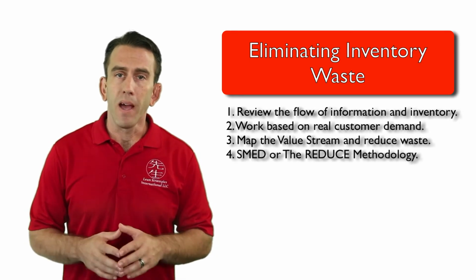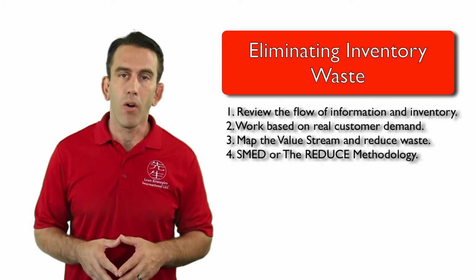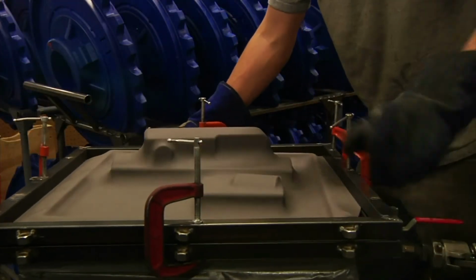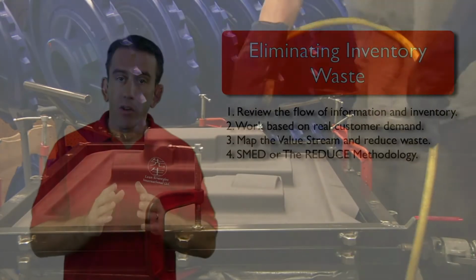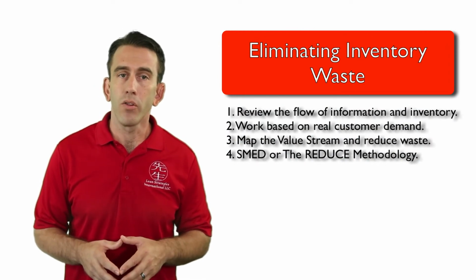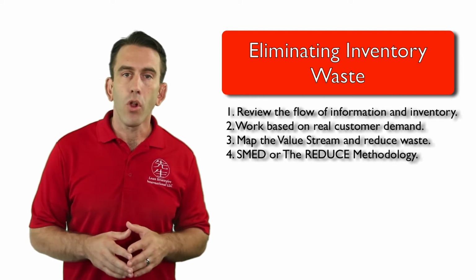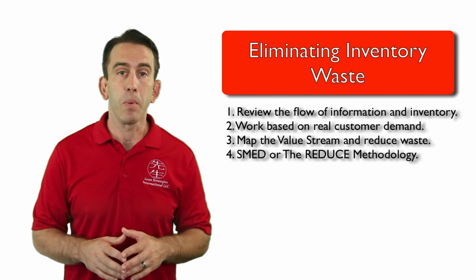Some other tools and methods you can use are SMED or the reduce methodology. The basic premise of this tool is to increase the speed and flexibility of your changeovers. By doing this, machines do not have to run large batch sizes or long periods of time. They can run as close to customer demand as needed and change over rapidly.